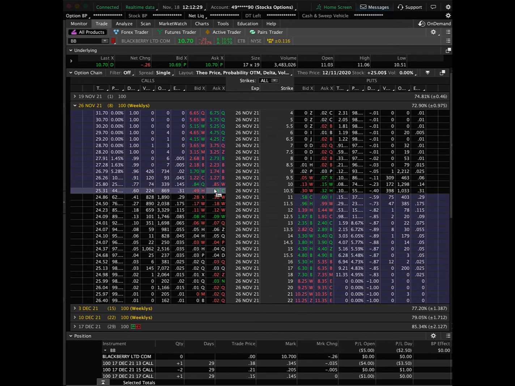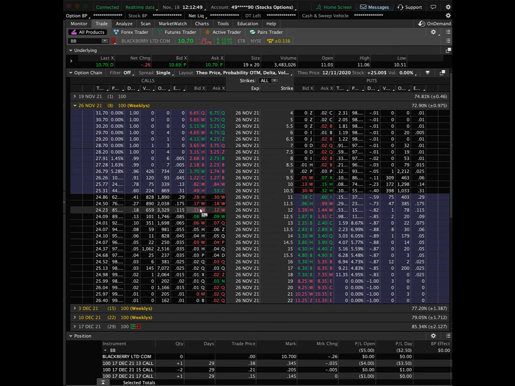So it is possible that the ticker can overshoot that level, but it might be safer to take this trade here. We've got a lot of volume and open interest here, and the spread is very tight at 0.115, or basically 12 cents per contract.